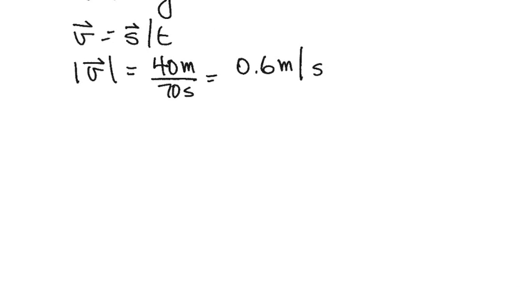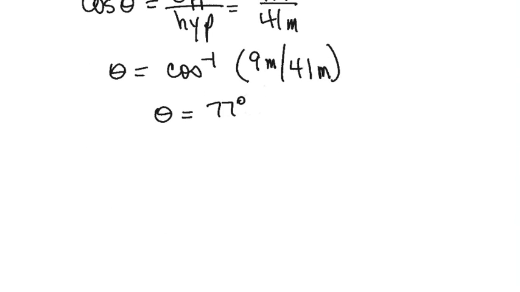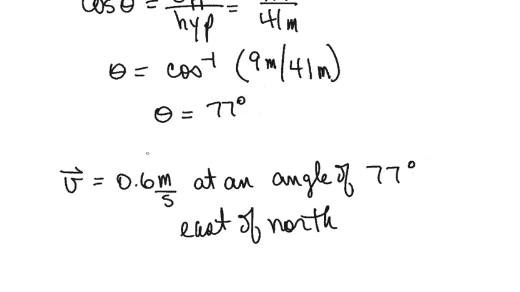Now to calculate my theta, my reference angle, I'm going to use the cosine, which is the adjacent over the hypotenuse. 9 meters divided by 41 meters. Using my calculator and the inverse cosine or the arc cosine function, I get theta is equal to 77 degrees. So I put those two together and I say that my velocity vector is 0.6 meters per second at an angle of 77 degrees east of north.